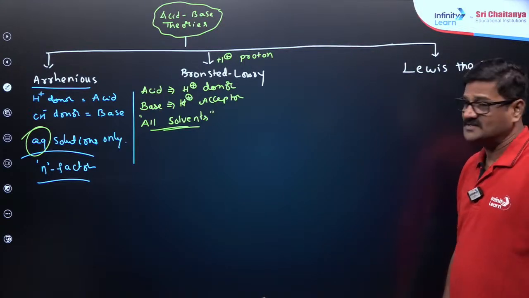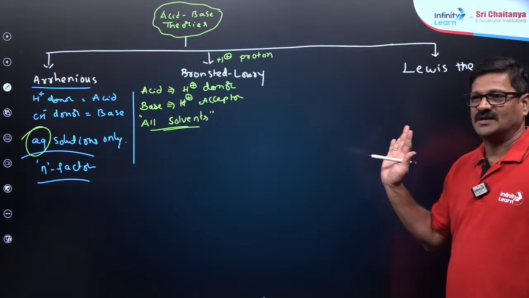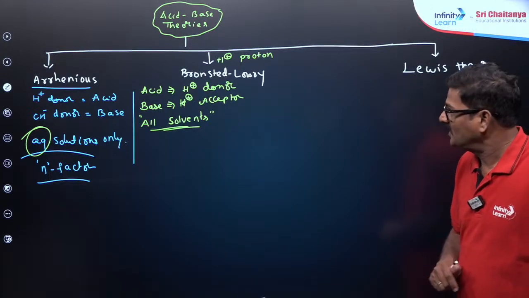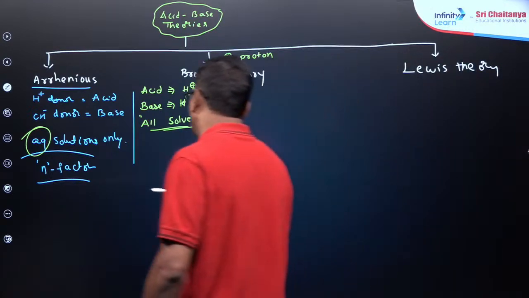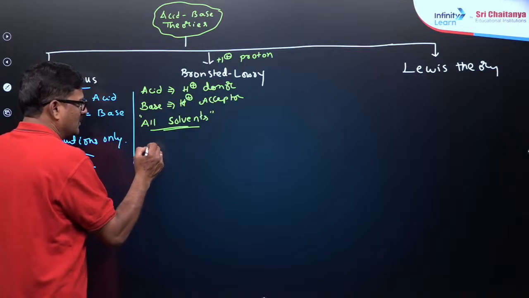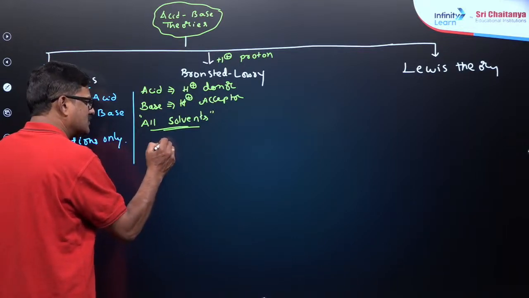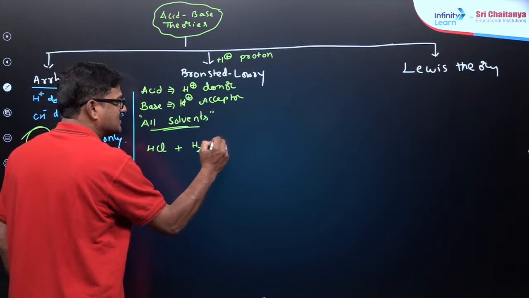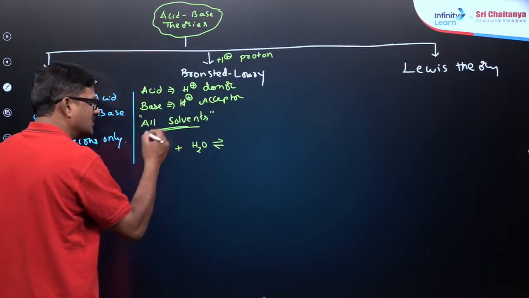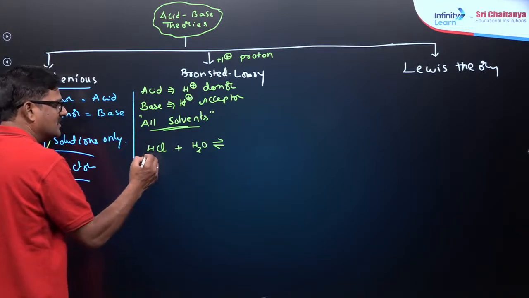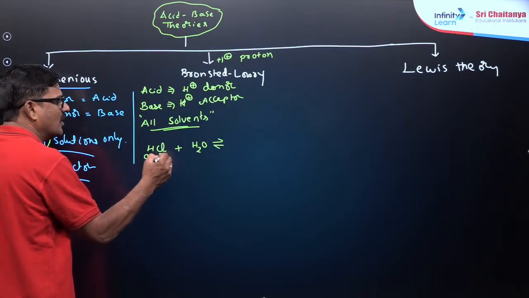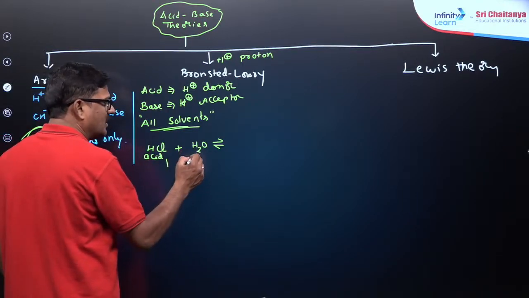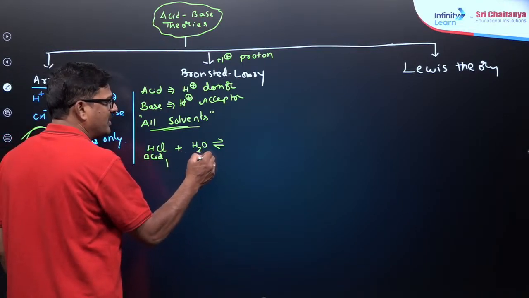Yes, of course. Now here, if you talk about HCl, how do you say HCl is an acid? Because there is an acceptor, so a proton dene wala hai, so it is acid 1, and a proton lene wala hai, so it is base 1.